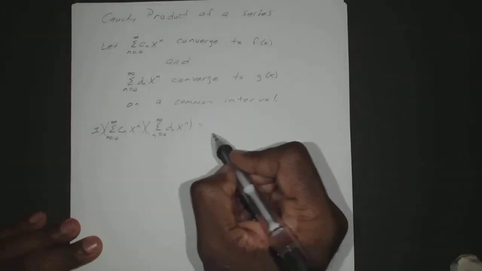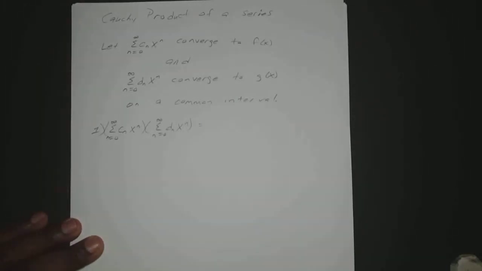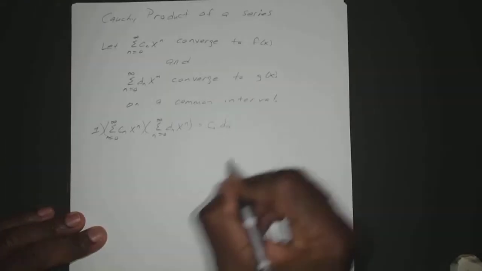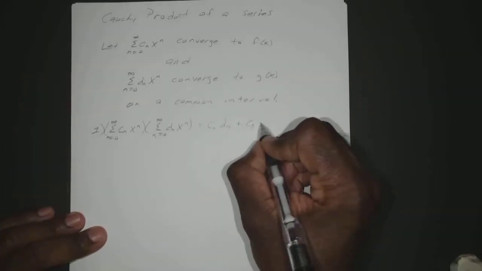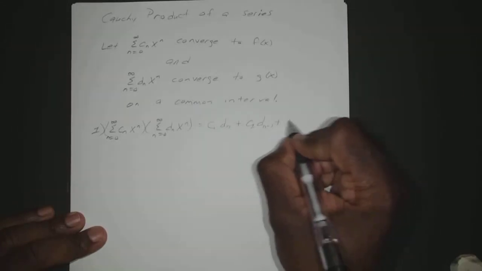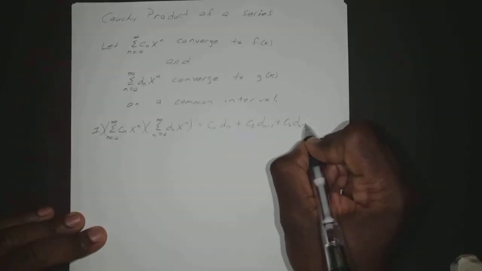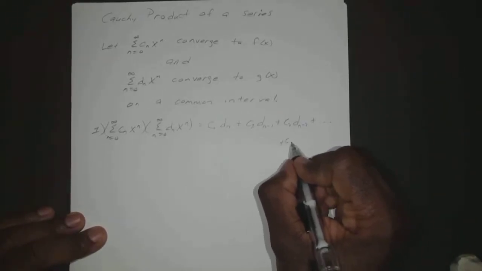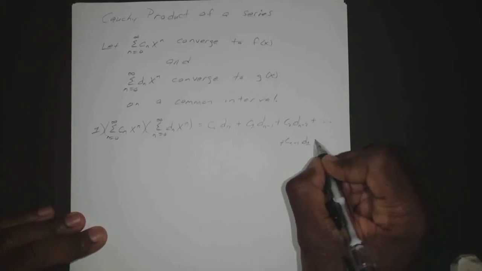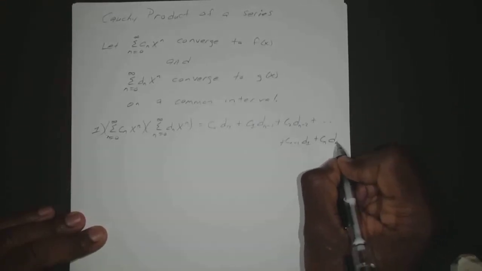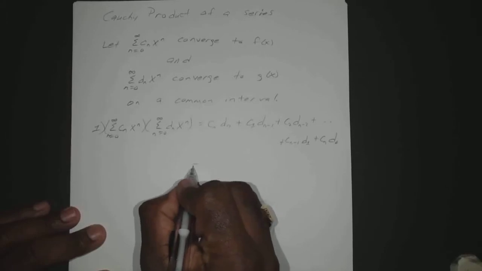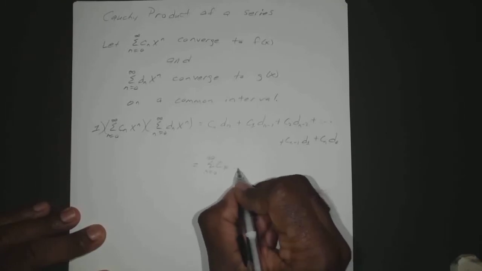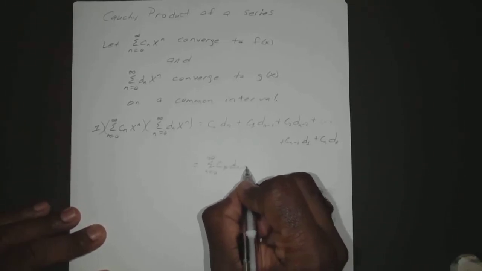That's going to equal, and we'll actually get to the example and show you how we end up with this one, c sub 0 d sub n plus c sub 1 times d sub n minus 1 plus c sub 2 times d sub n minus 2, and it keeps on going till you get to c sub n minus 1 times d sub 1 plus c sub n times d sub 0, which is equal to the sum from n equals 0 to infinity of c sub k times d sub n minus k.